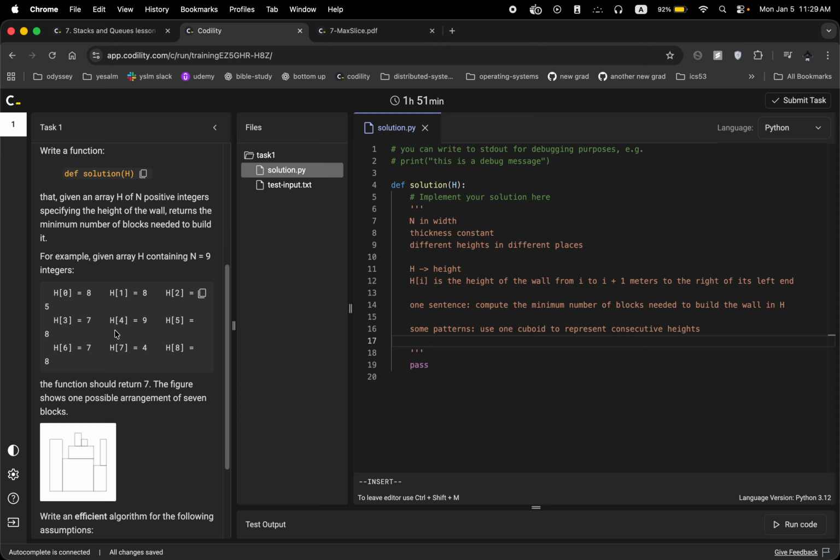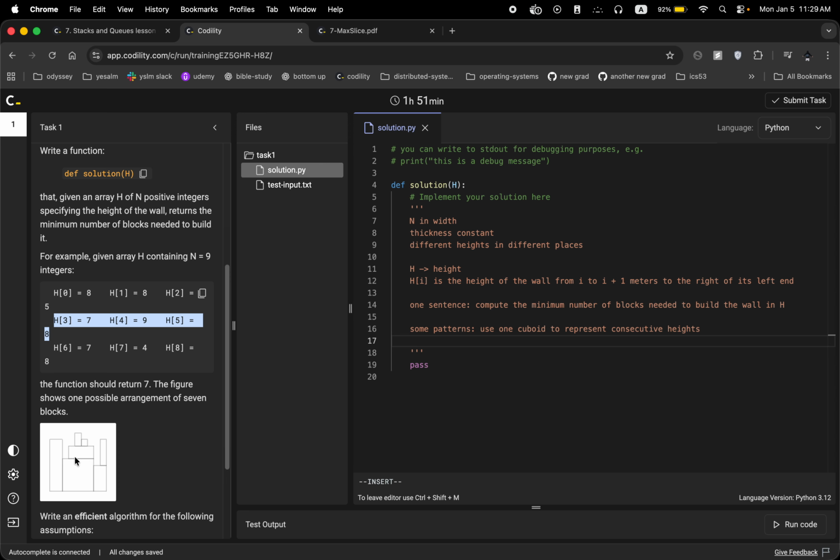For example, this block right here is representing both 7 from H3 and 7 from H6, right? This one block is representing both of those.